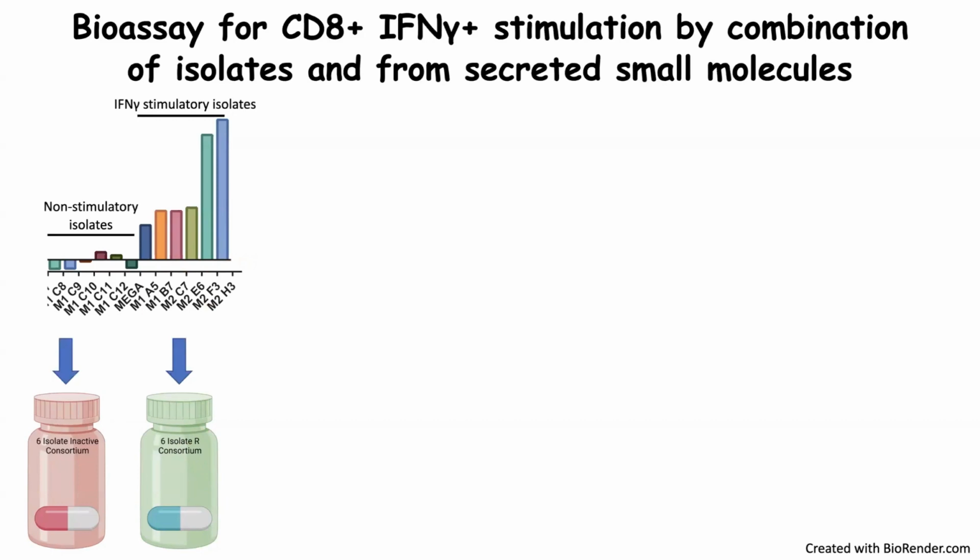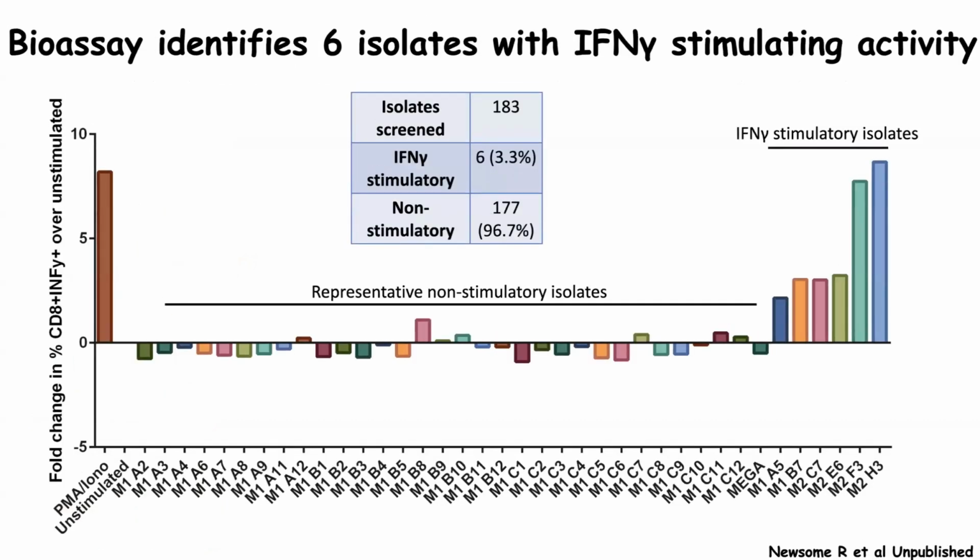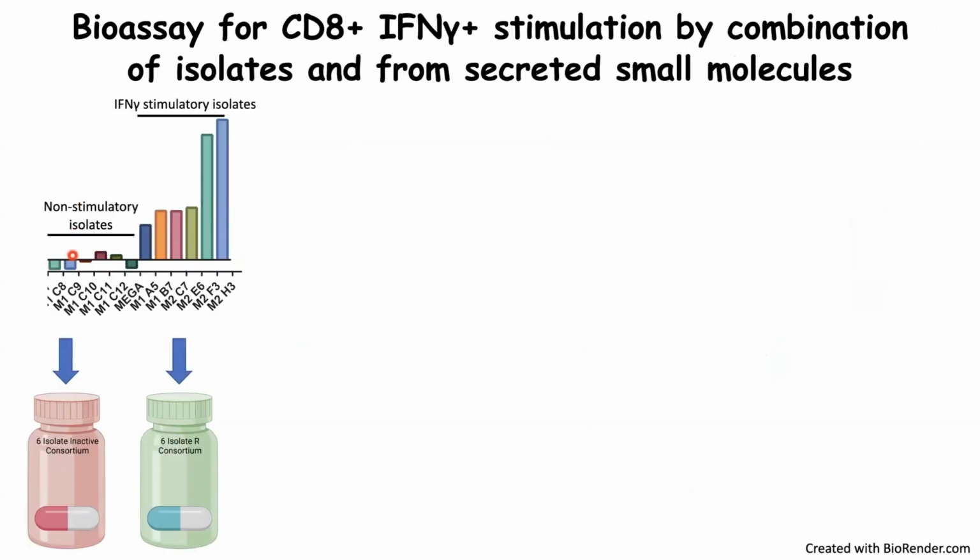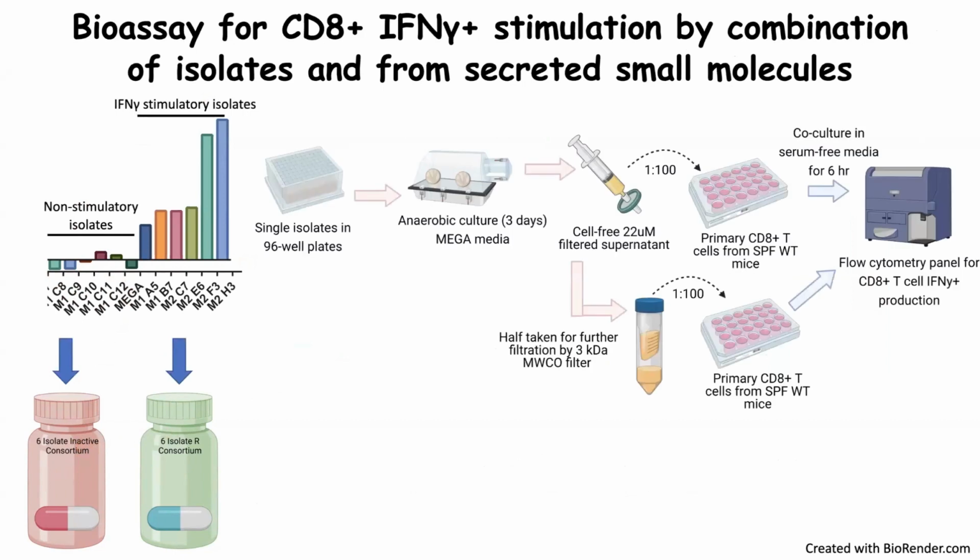And we have 6 of these microorganisms here that match genetically these guys. So we put them together as inactive because they were not able to induce interferon gamma. So active consortium, inactive and active.